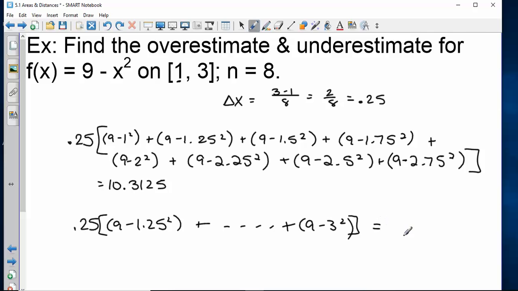You should get 8.3125. So now it's obvious this is the overestimate, and that would be our underestimate.